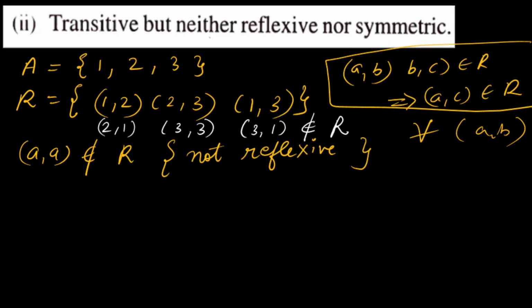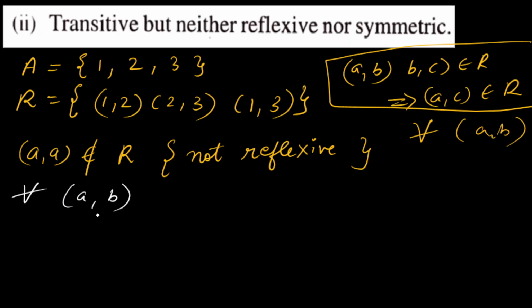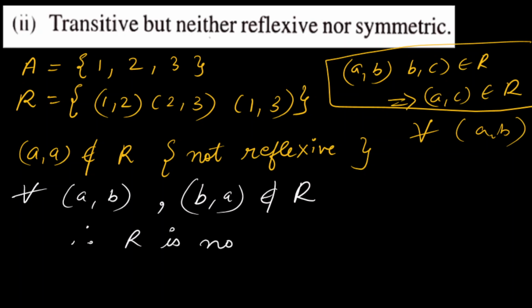But all of these do not belong to R. Therefore, you can write that for all (a, b), (b, a) doesn't belong to R. Therefore, the given relation R is not symmetric. So we have given an example of a relation which is transitive, but not reflexive and not symmetric. Okay, let's do the next one.